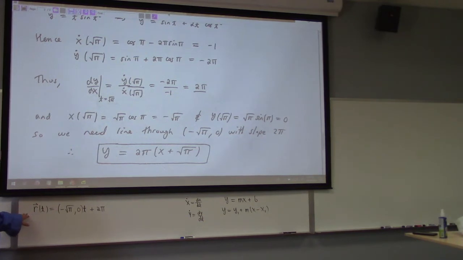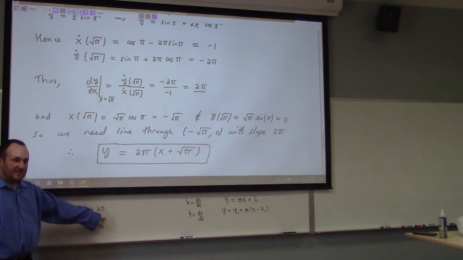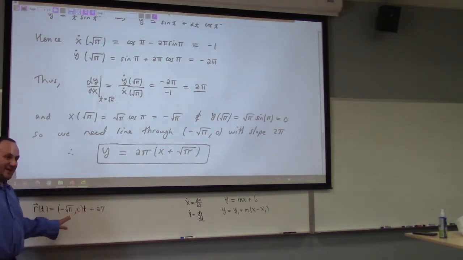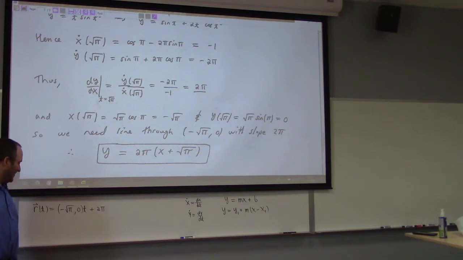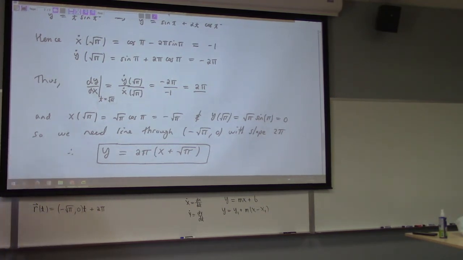See, this is the sum of a vector and a scalar. This is not allowed. And I saw this on not 1, not 2, not 3, not 4, not 5. Something like 10 of you wrote this, a vector plus 2 pi. I can only assume that people must have been working together. Yes? I hope. I don't know. I'm not sure. But I took off 3 because that's a significantly wrong thing to write.